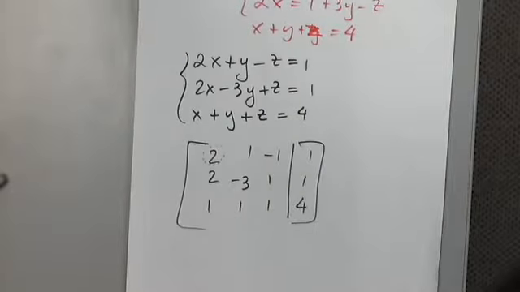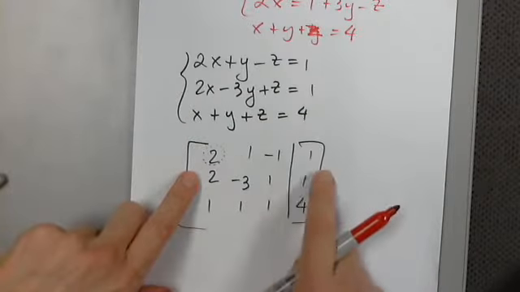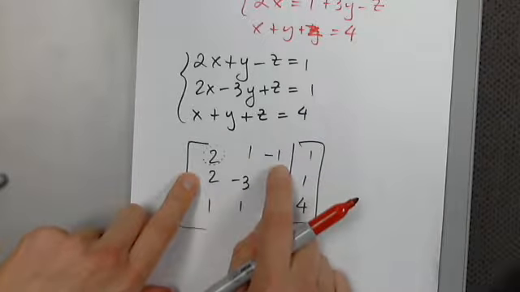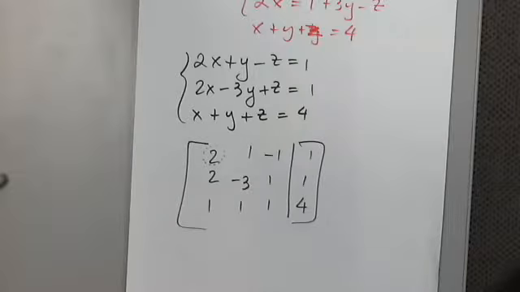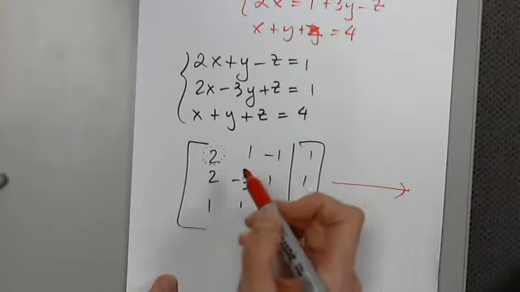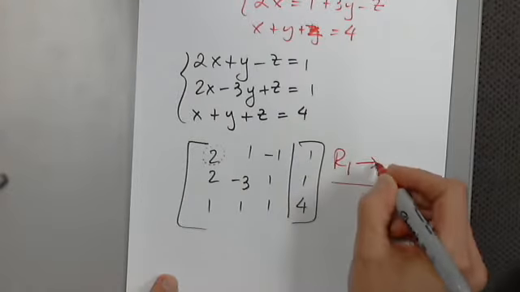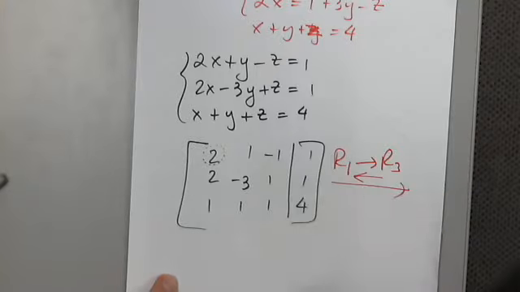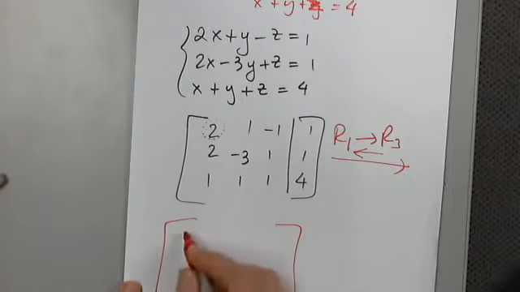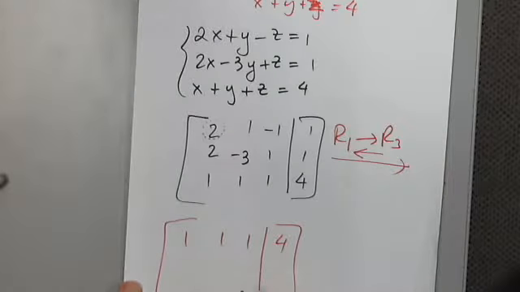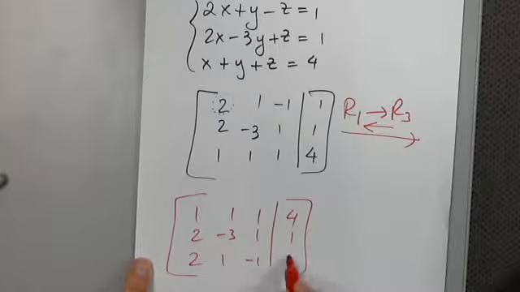If I divide this by 2, I will be in trouble because I will have 1/2 and negative 1/2 and positive 1/2. I don't really want to work with 1/2. You could swap. Yes. I will say row 1 becomes row 3 and row 3 becomes row 1. That's the easiest thing to do. So then the top is 1, 1, 1, and 4. 2, negative 3, 1, 1, and 2, 1, negative 1, 1.